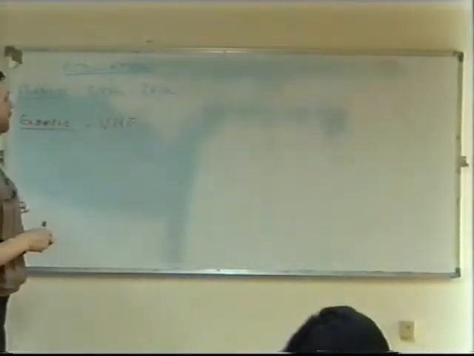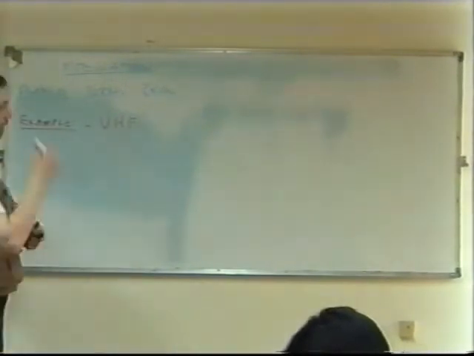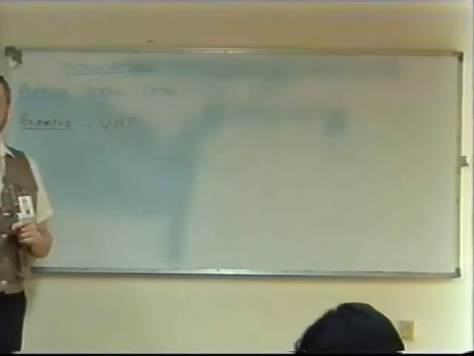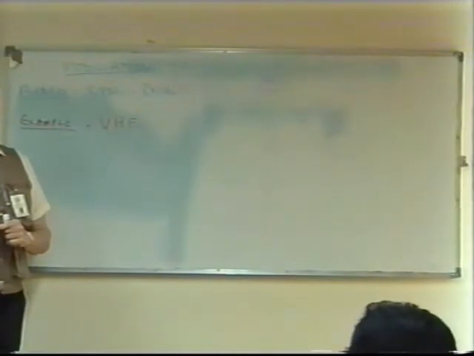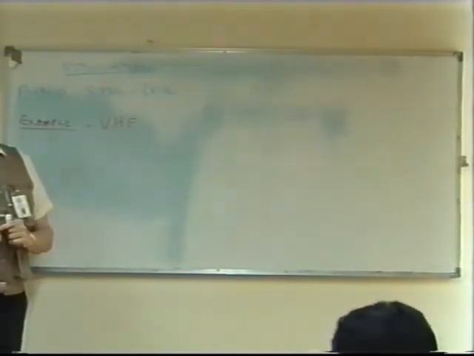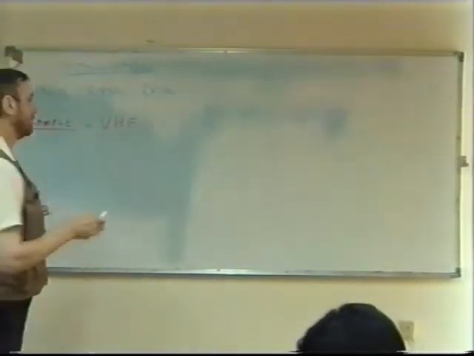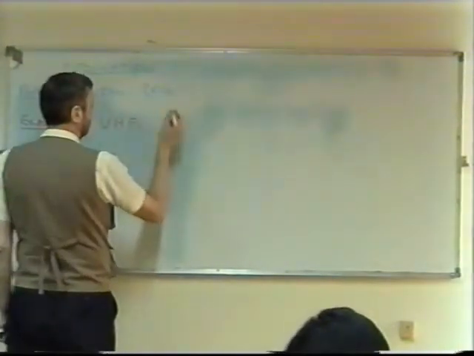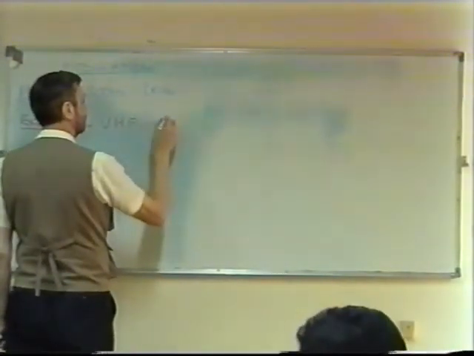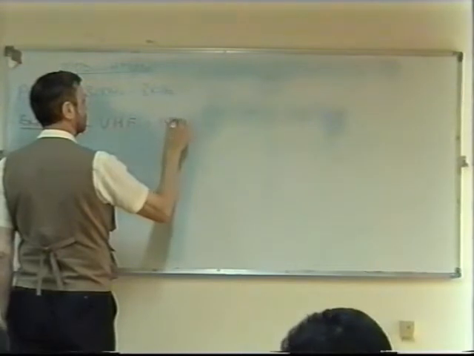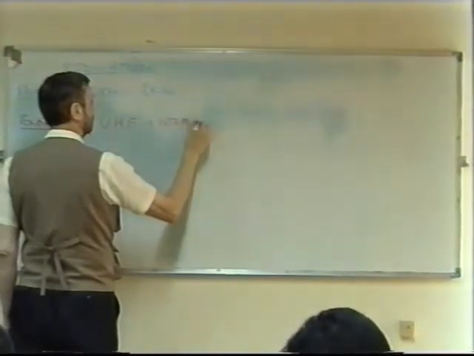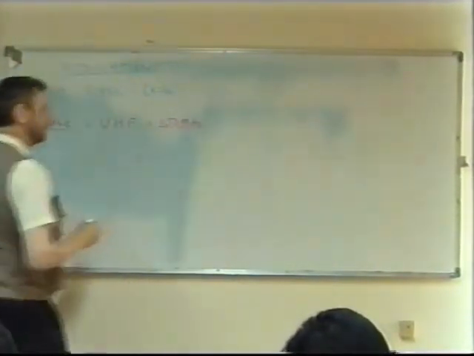Okay, we're going to use a VHF signal. If I'm going to use a VHF signal, we're talking about 30 megahertz to 300 megahertz. Okay, so let's say I'll just choose an example, a VHF frequency of, say, 100 megahertz. Now this is just your example here, 100 megahertz.